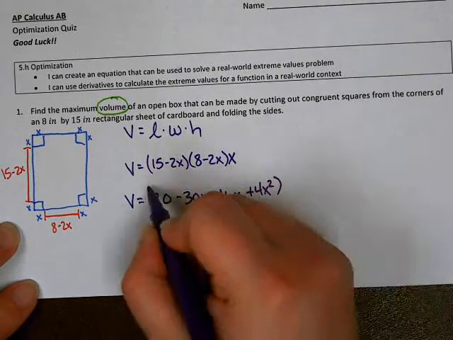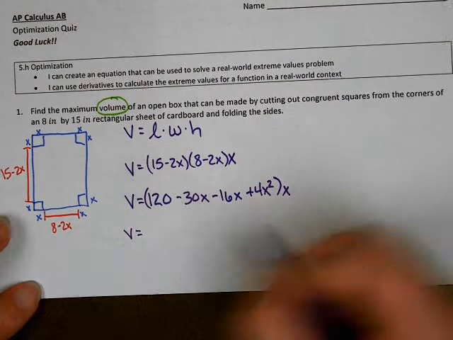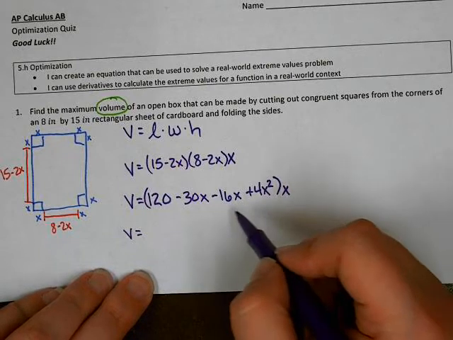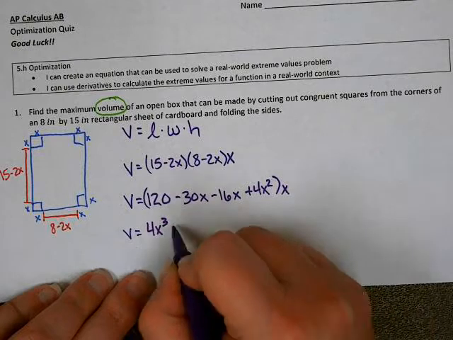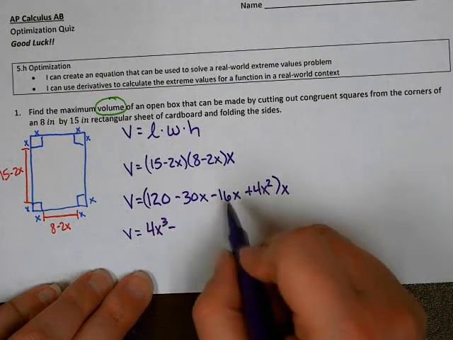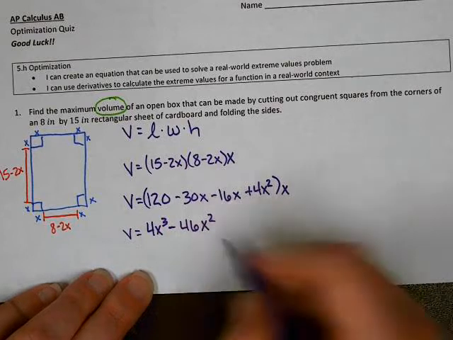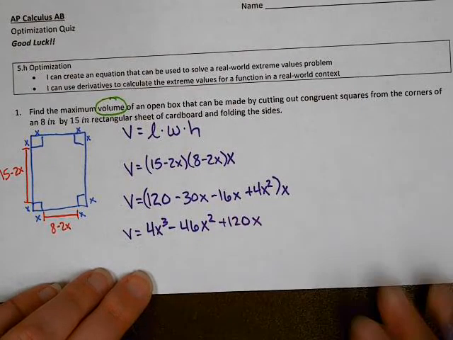And that's all in parentheses and being multiplied by x. So we get that the volume is equal to, I'm going to distribute, combine like terms, and rearrange all in one. But we get 4x cubed minus 46x squared, and then plus 120x. So this is our volume formula.